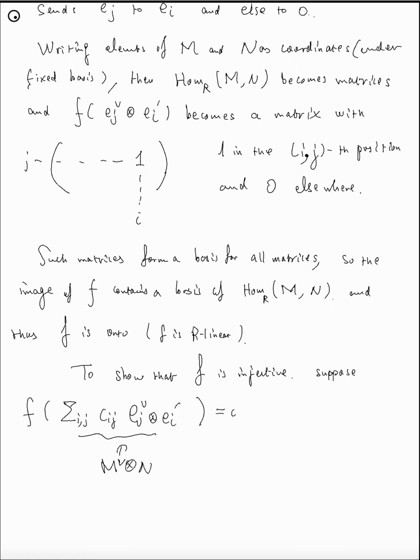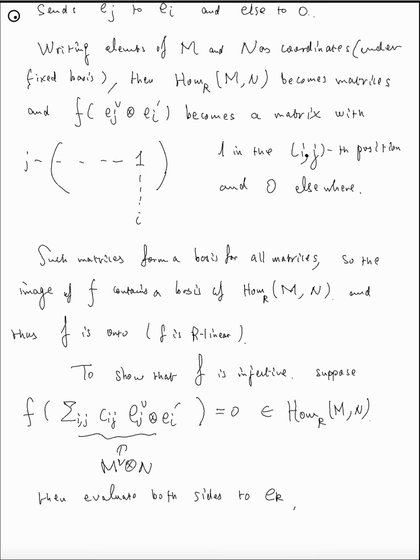Suppose this is 0, so this is 0 as an R-linear map from M to N. Then evaluate both sides at some basis element, let's say e_k.